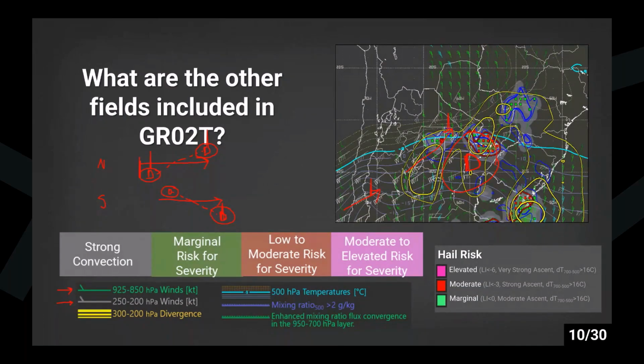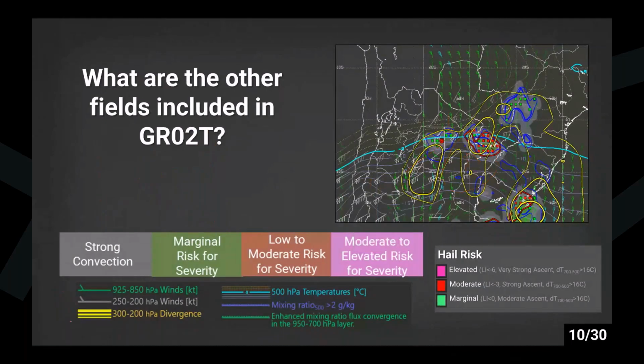Just by analyzing the low level flow and analyzing also the upper flow together, I'm gaining confidence that the synoptic pattern aligns with what the algorithm is telling me. The algorithm is saying that you might get hail in southern Paraguay, but if I understand how the low level winds and the upper winds interact, then I gain more confidence that these could actually materialize, right?